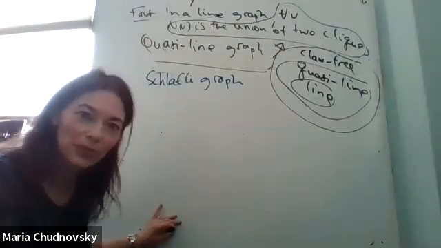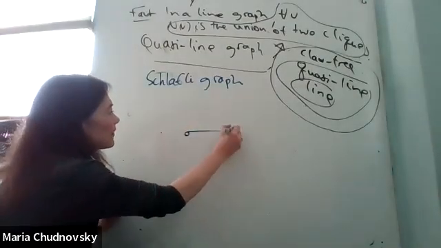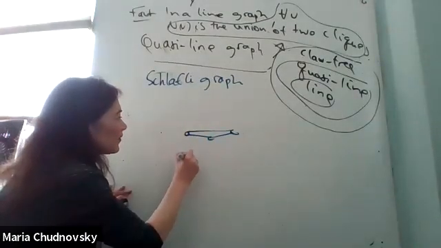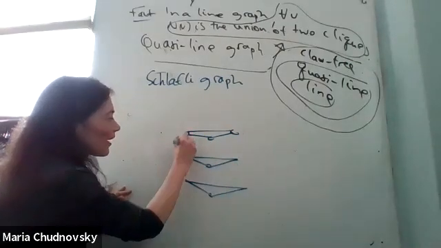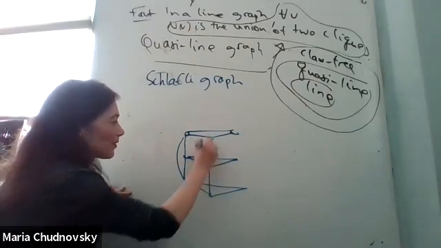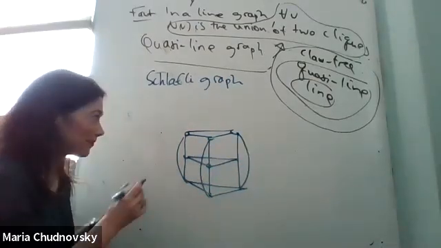Schläfli was German, so possibly it's pronounced Schläfli. So you start with the line graph of K33. The line graph of K33 is 3 rows of triangles joined together by 3 columns of triangles. And you draw it 3 times.